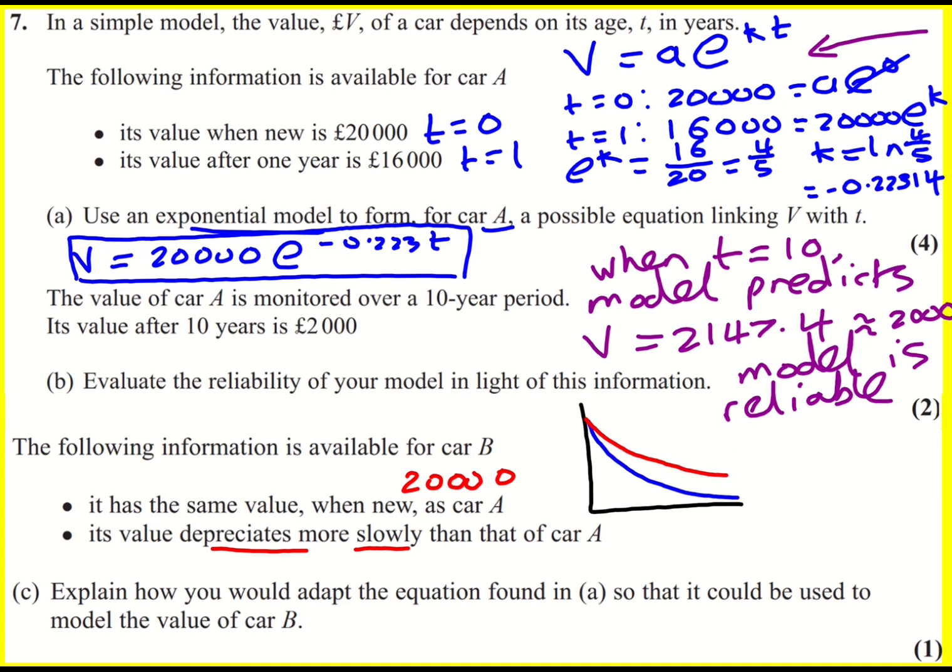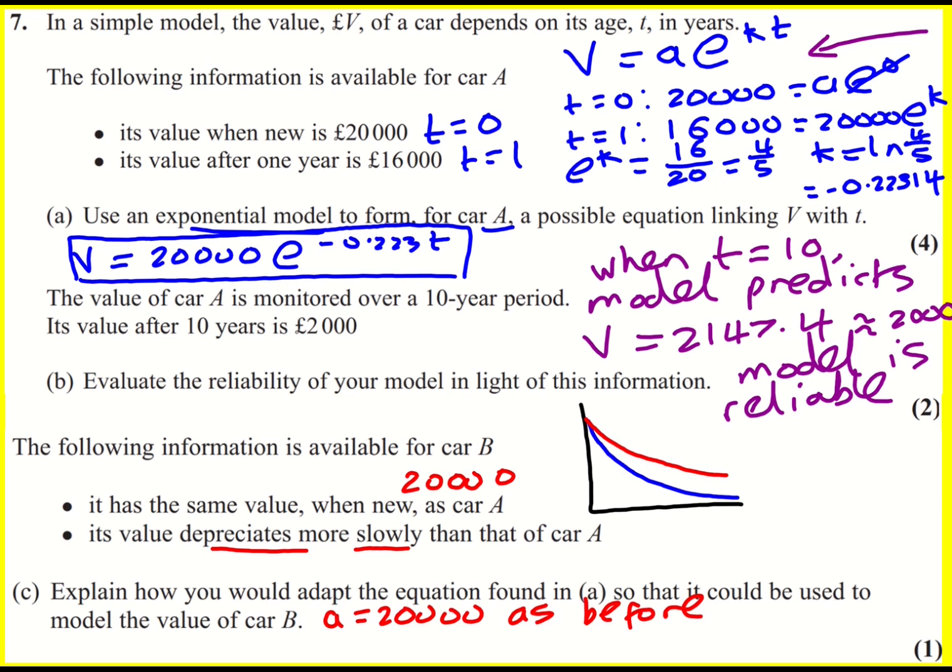Okay, so what we actually need is the same value of a. So a equals 20,000 as before, but we need the decay to be slower. And that actually means we need k to be closer to 0.